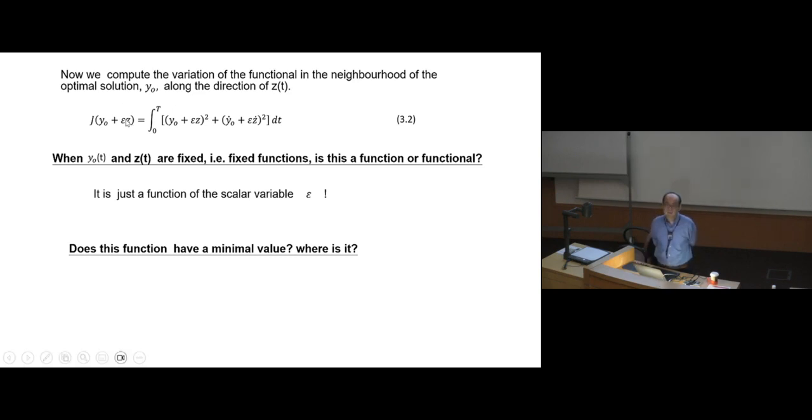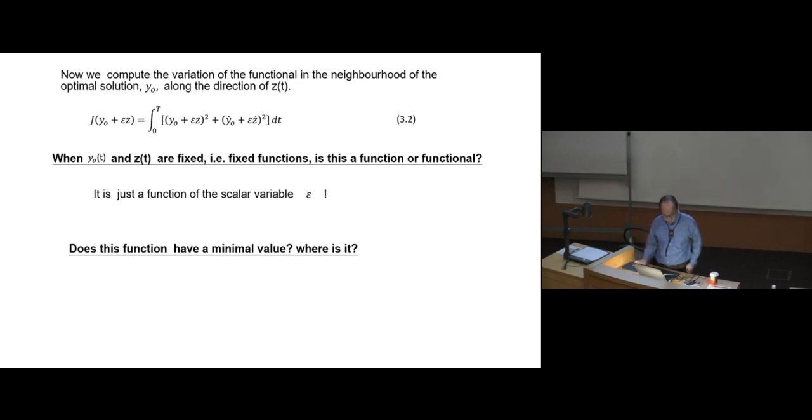Look at that. We know that y naught is the minimum solution, right? So does this have a minimum? It has. Where is the minimum value? Epsilon equals 0. Epsilon equals 0 is the minimum point.